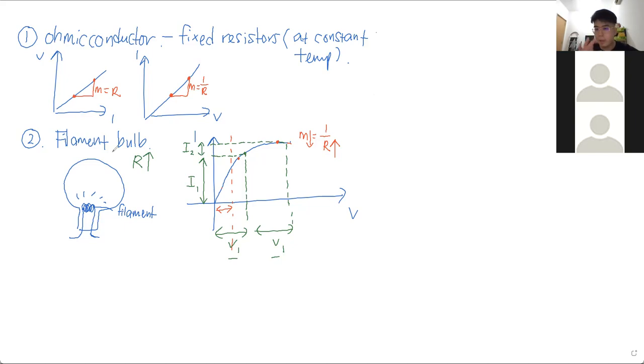But we are not talking about the temperature yet, because even at the same temperature, in the same room, the filament bulb's resistance will increase. So why does it increase? Because when you increase the voltage, what happens to the current? Larger current flows through, and the larger current can heat up the lamp filament wire.